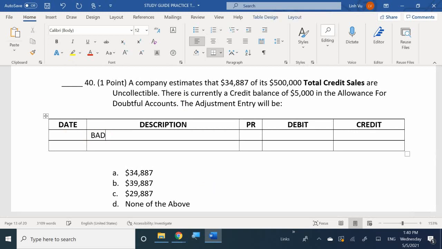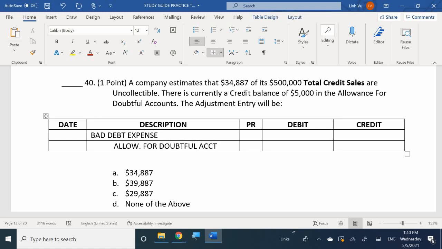The income statement method, where you will never see accounts receivable on there. All you will see is just your total credit sales. So in this case, our only option is that when we recognize that we have an estimated amount, that's all we care about.